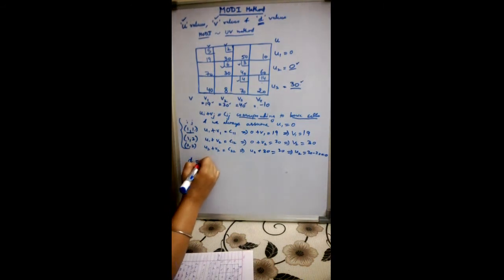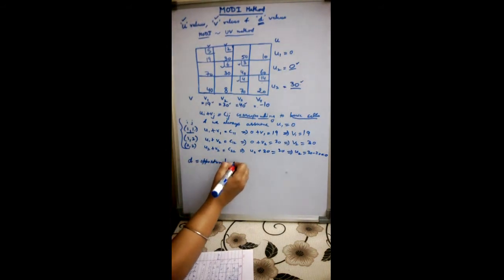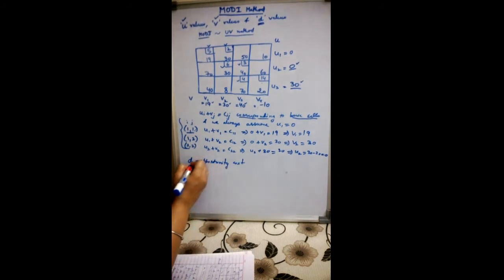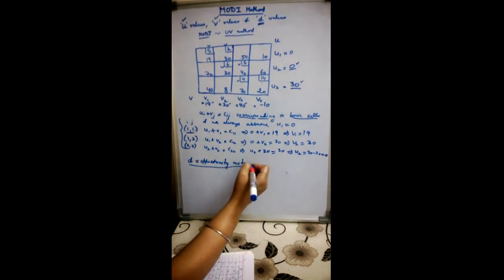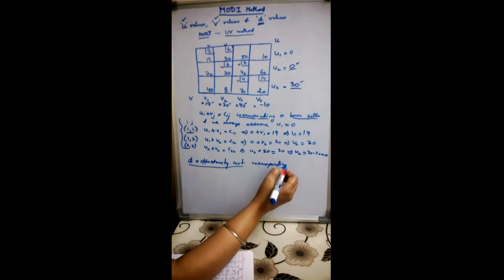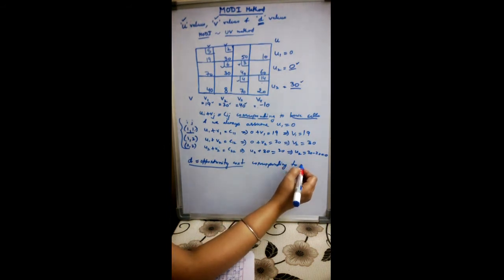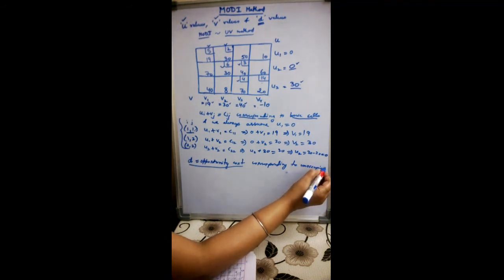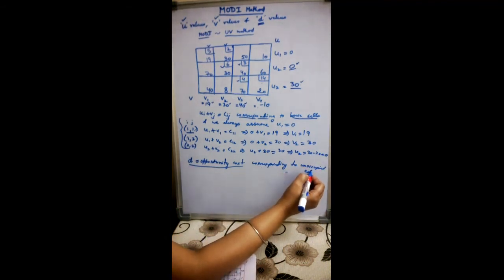D, it is also called opportunity cost. This we find corresponding to unoccupied cells.